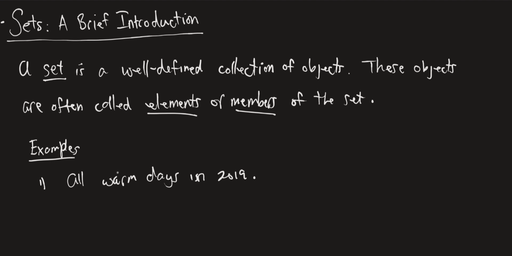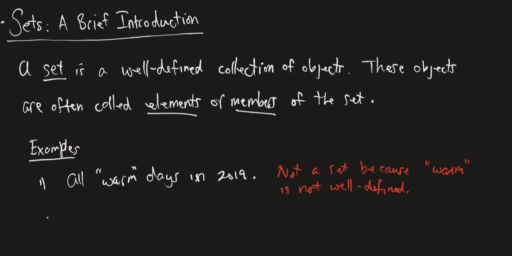So I can't determine all the days in 2019 that are, in quotes, warm. So this is an example of something that is not a set, and the reason is because warm is not well defined. Again, we don't know what it means.